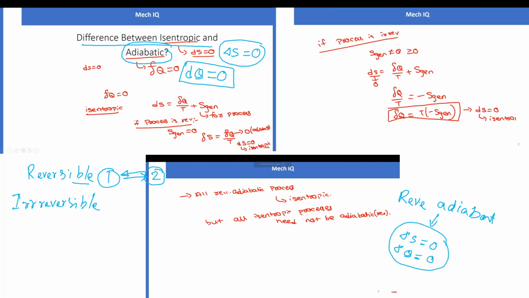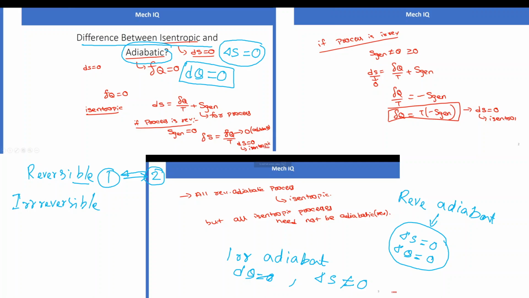Am I correct? But for an irreversible adiabatic case, you can write dq equals 0, but you cannot write delta s equals 0.